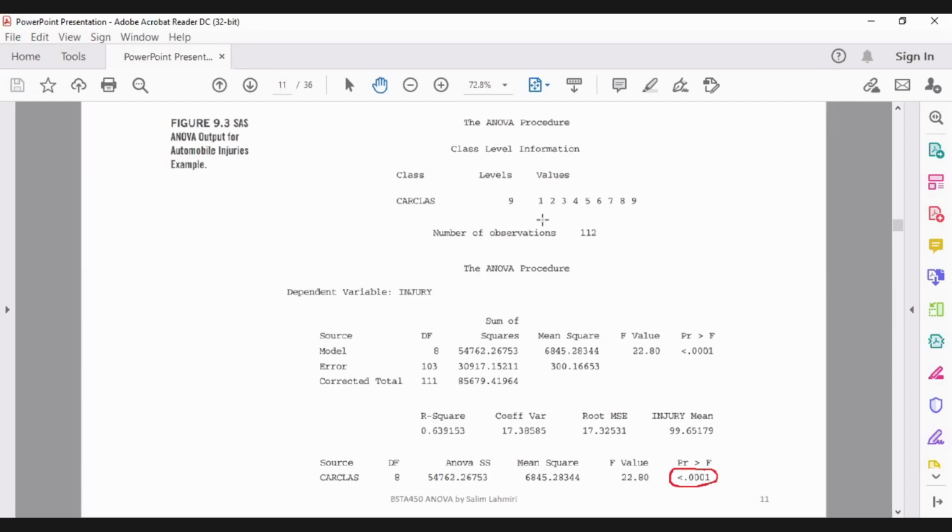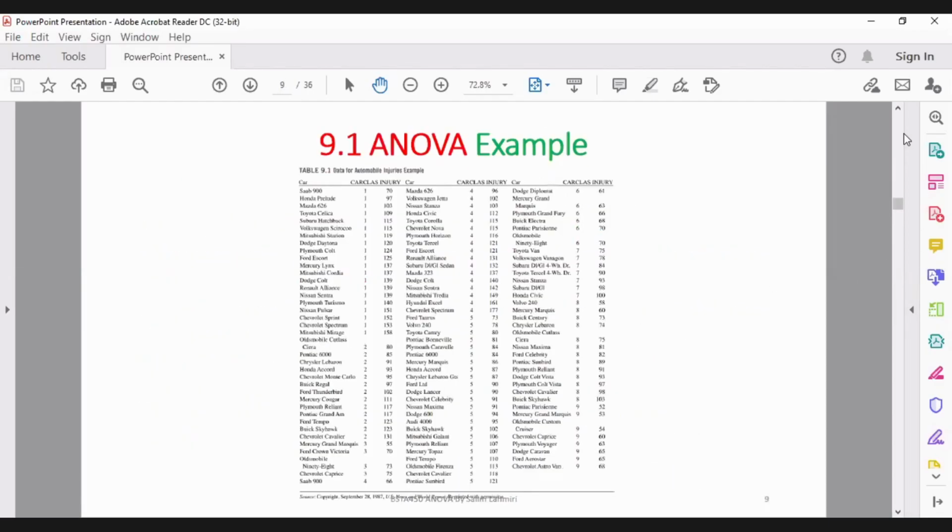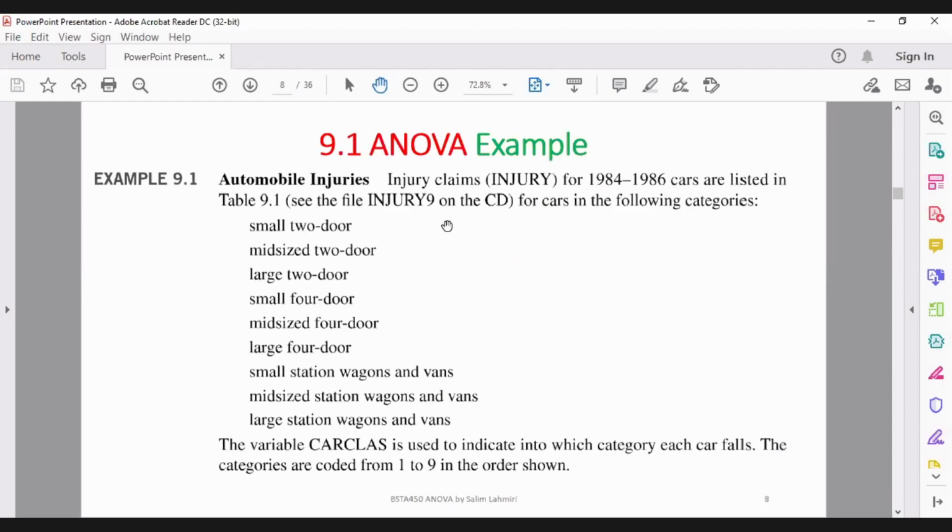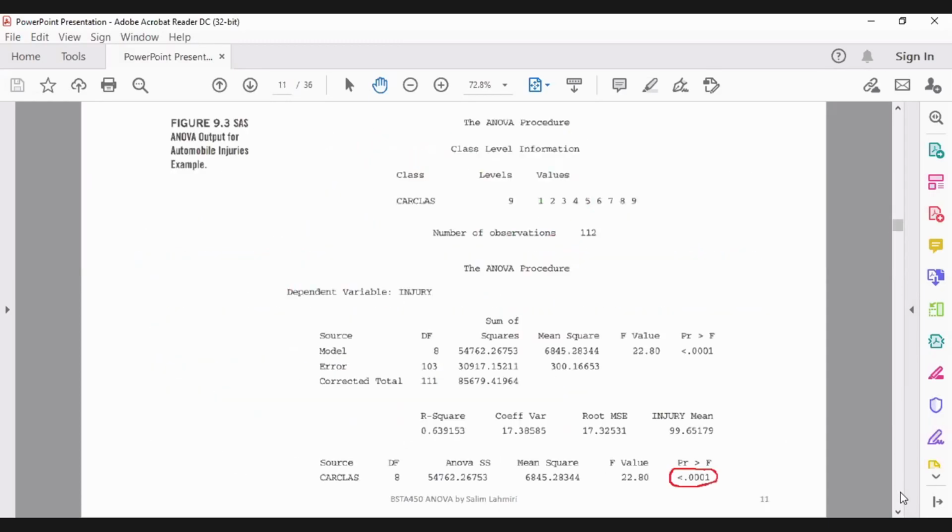Levels, we got 9 levels, from small two-door down to large station wagons and vans. We got values of car class going from 1 to 9. And the number of observations is 12. We got the dependent variable injury.